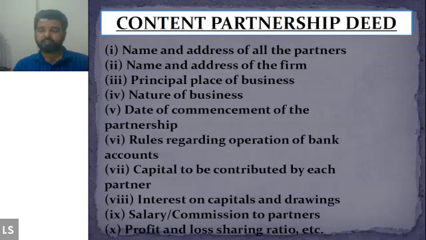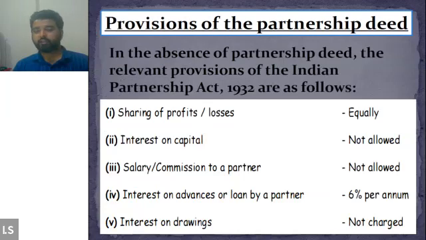Everything is specified under the partnership deed. But if a certain thing is not mentioned in the partnership deed, for example, if two or more persons are entering into a partnership agreement, but they forgot to decide the ratio in which they will be sharing the profit or the losses of the business.